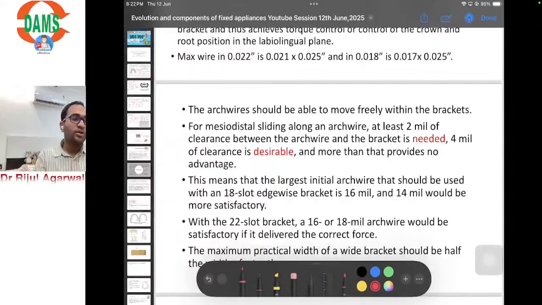Some necessary points to be noted: the wire should be able to freely move within the brackets. There should be at least 2 mil of clearance. Mil is a British standard measuring unit; if you want to convert it into inches, divide it by 1000. And 4 mil clearance is desirable.